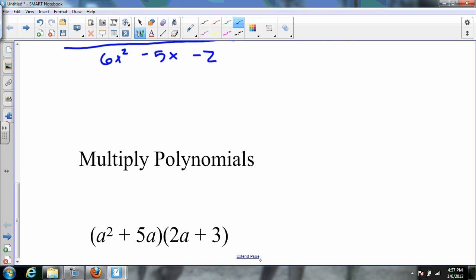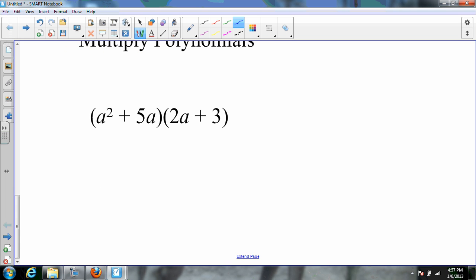When you are multiplying polynomials, if it's a binomial times a binomial like this one, you can use FOIL. So FOIL stands for F for first, a squared times 2a, and we know from the previous lesson that you add the exponents to get a cubed.